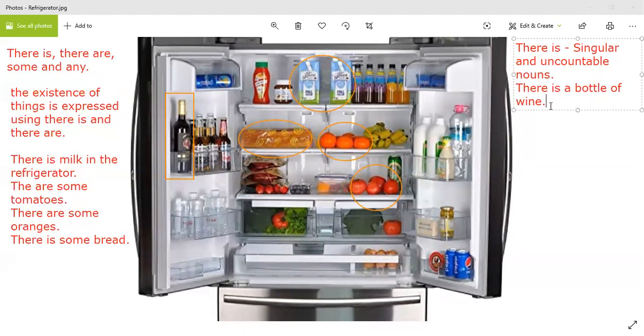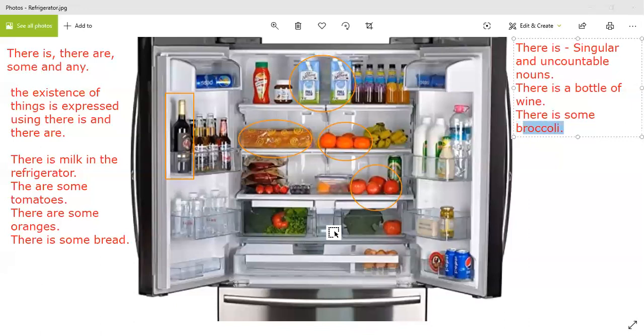And we use there is for uncountable nouns. For example, there is some broccoli. There is some broccoli. Broccoli is uncountable. It doesn't have a plural form.